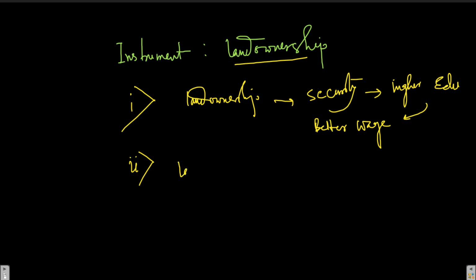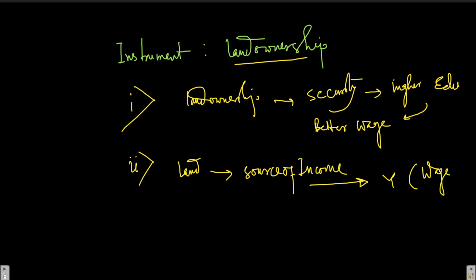Now the other option is that the land itself could be a source of income. If land itself is a source of income, that may directly contribute to the Y, the wage rate. If I already have my land, and I work in my own land and get some earning from that land, that is going to increase my wages.